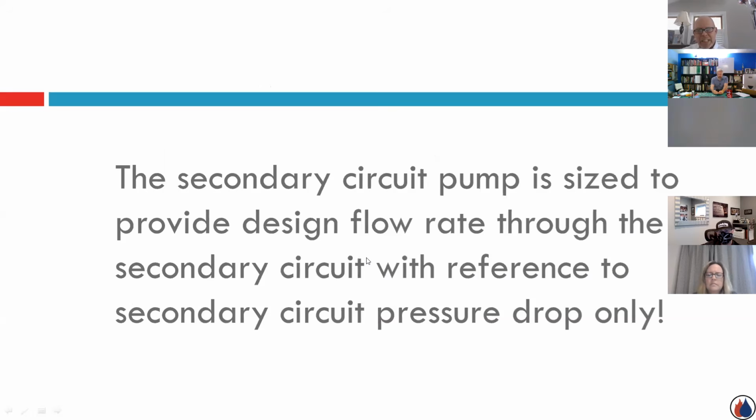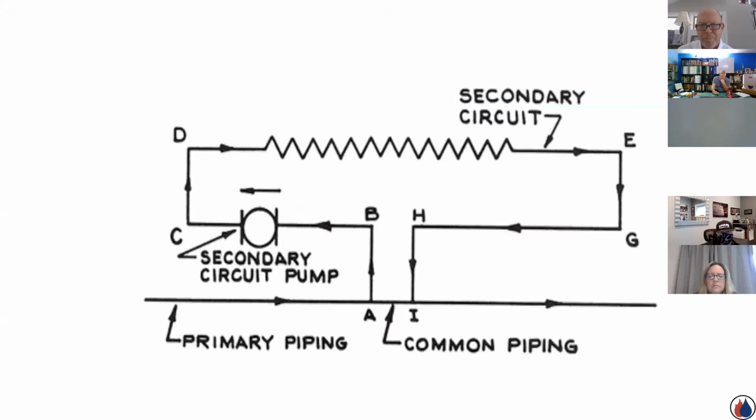Then he says, add a secondary circuit pump. And the sizing of that pump is to provide the design flow rate through the secondary circuit. And all you care about is whatever the corresponding secondary circuit's pressure drop will be. Whatever size pipe, what's the flow rate, radiation, terminal unit, whether it's a heat exchanger, makeup air coil, a boiler, a chiller, whatever it is, that secondary circuit pump is sized just for that one item and whatever that corresponding flow rate and pressure drop is.